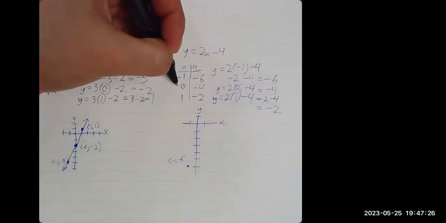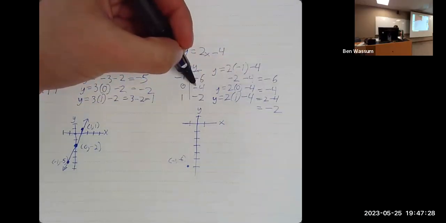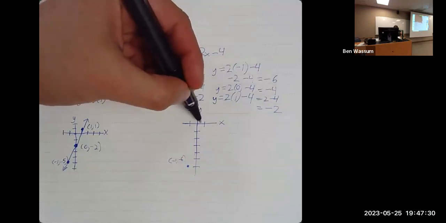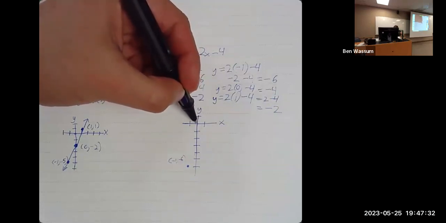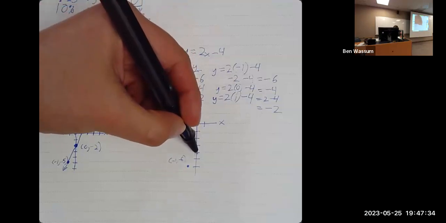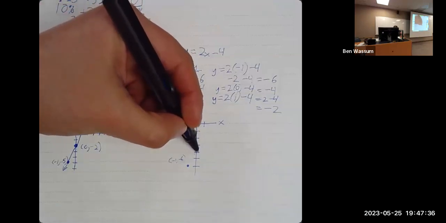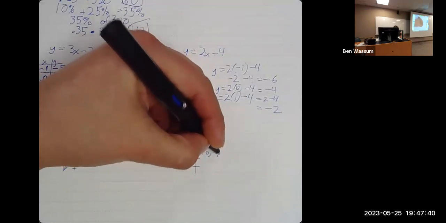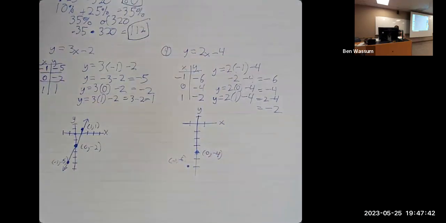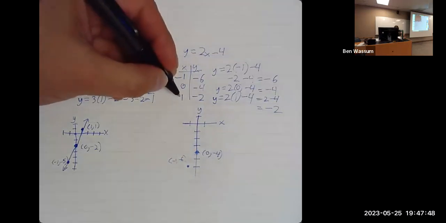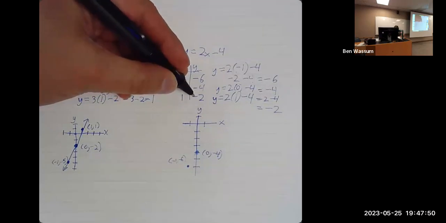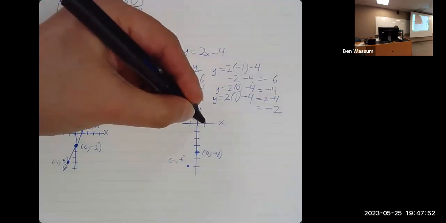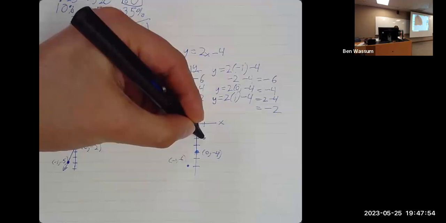Next point is 0, -4. So again, no direction on the x, -4 on the y. It'll be down here. And then we have 1, -2. So 1 on the x, and -2 on the y.